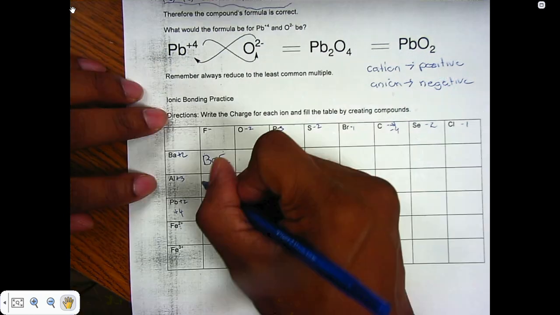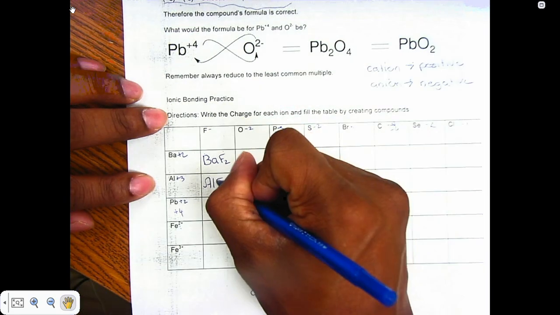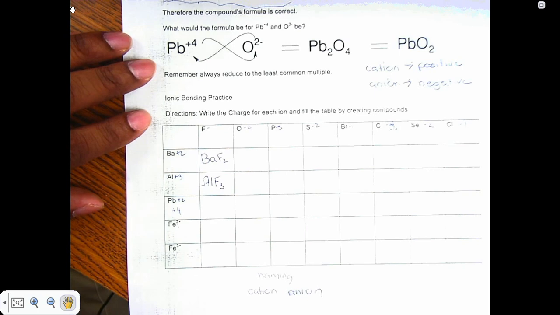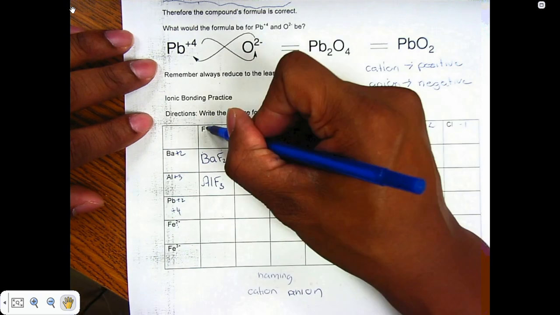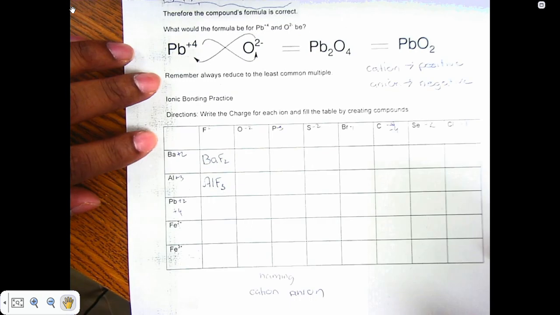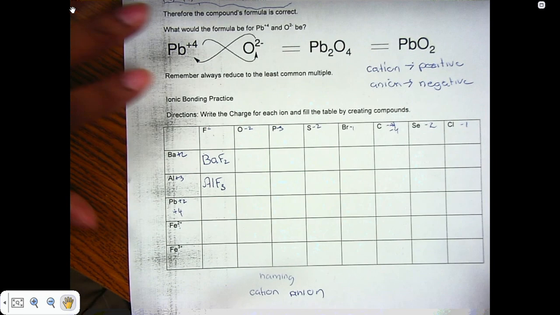If I'm going down, Al contributes its 3, and then F becomes this. Now, I'm not indicating what this minus is doing, but it's actually representing a 1, and it's going down to the cation subscript.